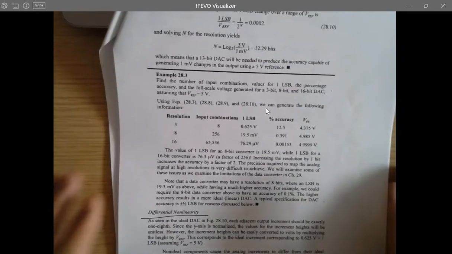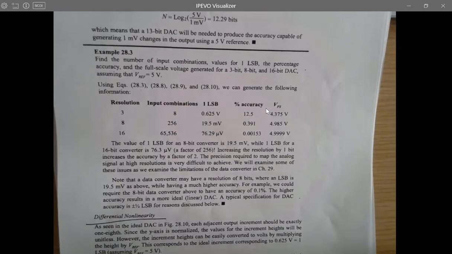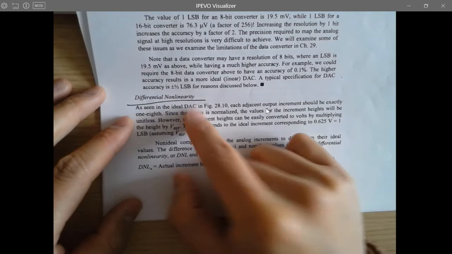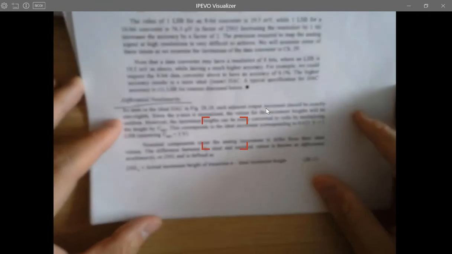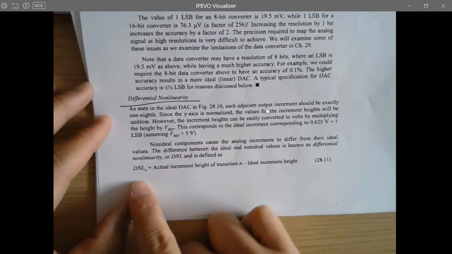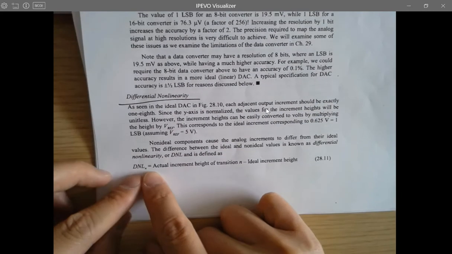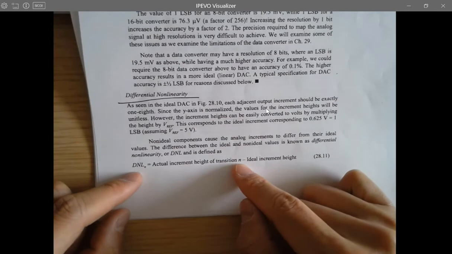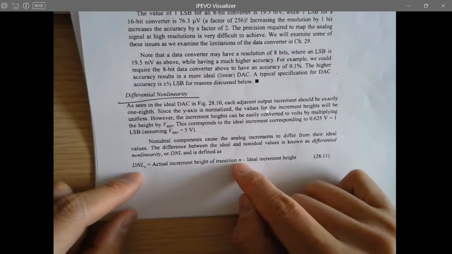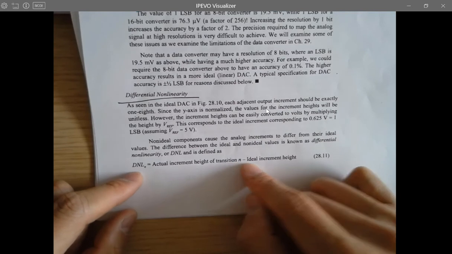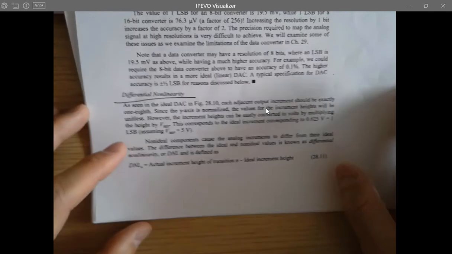So let's look at DNL first. Starting from here, differential nonlinearity. That's the DNL parameter for the DAC. It's defined as the actual increment height of the transition at the nth bit, so at that transition, minus the ideal increment height.